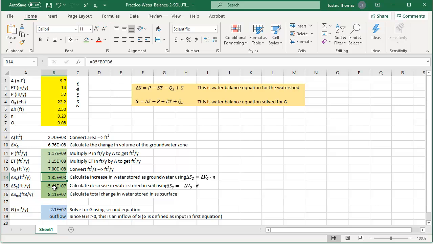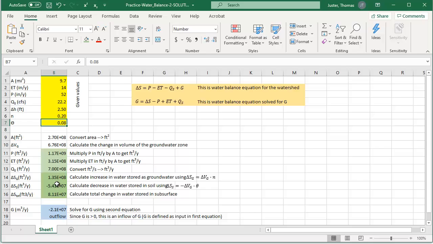The next thing I'm going to do, though, is calculate the decrease in the amount of water stored in the soil zone, because now we have less soil zone. So I'm going to take the negative of that volume of soil that's been converted from soil to groundwater, and I'm going to multiply that times the moisture content found in cell B8.